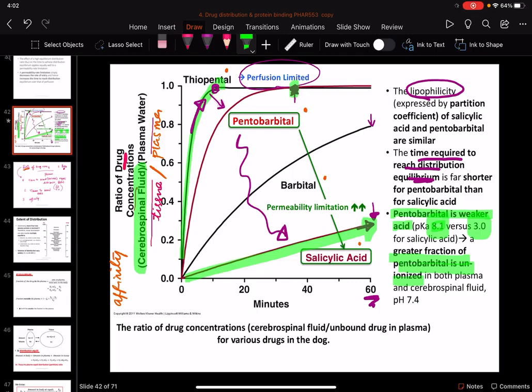This is an example that we need to take different factors into consideration, because if we take lipophilicity only, it won't work and won't explain what is happening.